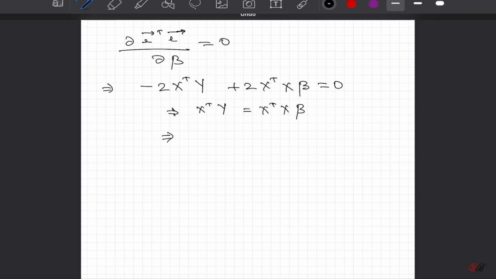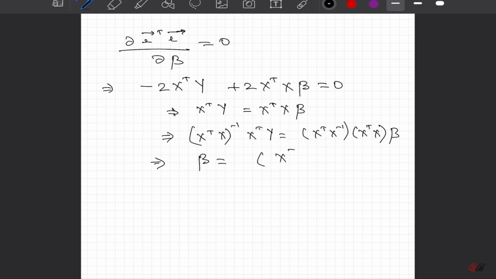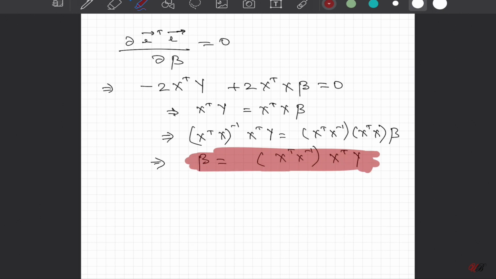So we multiply both sides by x transpose x inverse, which implies beta is equal to x transpose x inverse x transpose y, and this is the best estimate of the beta vector that we get given certain observations of x and y.